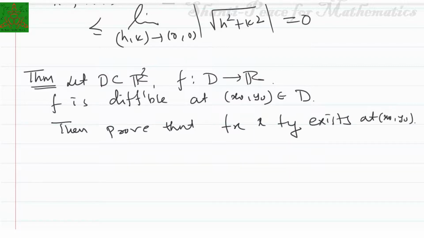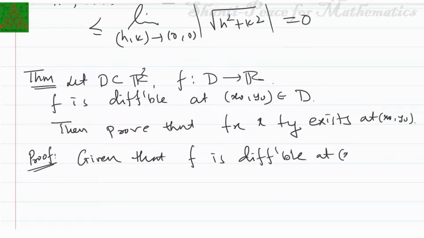That means if f is differentiable, it is guaranteed that fx and fy exist. Let us have the proof of this. The converse of this result is not true: if the partial derivatives exist, we cannot say the function is differentiable. So let us take it as given that f is differentiable at (x0, y0).